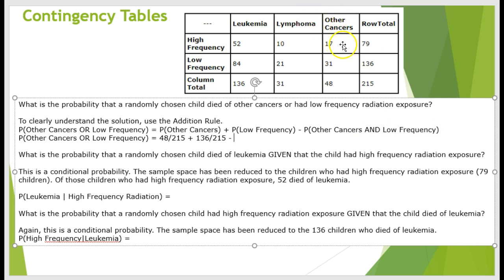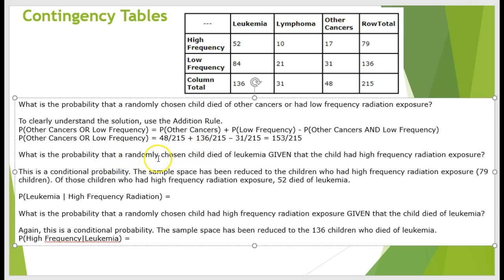So other cancers and low frequency is 31 out of 215. And when you combine those together, you get 153 over 215 is the probability.